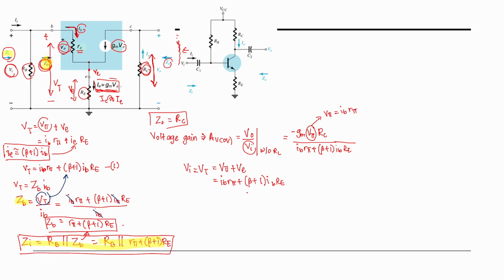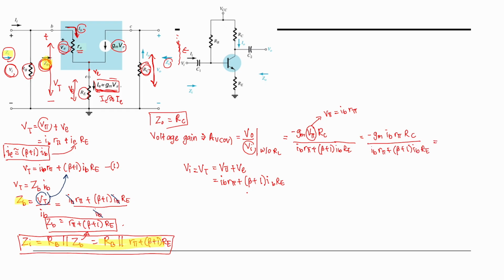So we can simplify this to become negative GM IB R pi RC over IB R pi plus beta plus 1 IB RE.